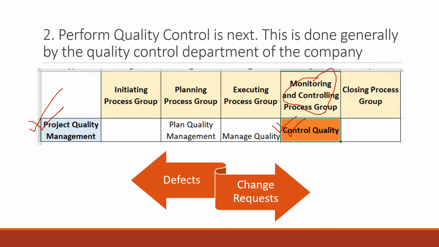These are the two possible outcomes during the control quality process, which is our second step. You get defects or change requests, or the third, like I mentioned, a dream for any coder: the code gets passed without any issues, the requirements are met, and no defects are found.